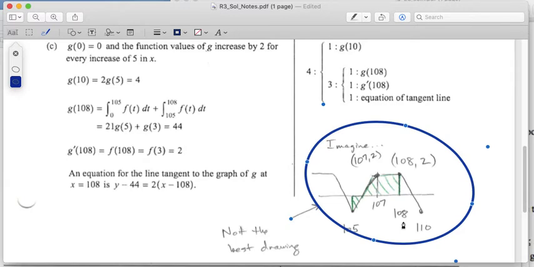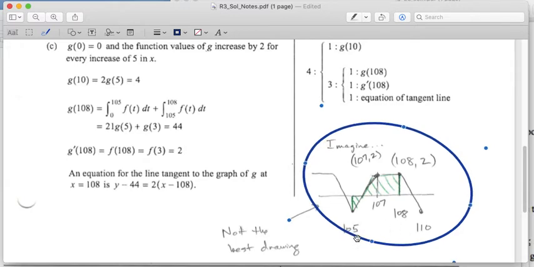Now, I didn't draw it really all that well, but this is in fact 21 periods away from the first one because I'm going from 105 to 110. So I've got 21 periods up to here, and then here's another one starting at 0.